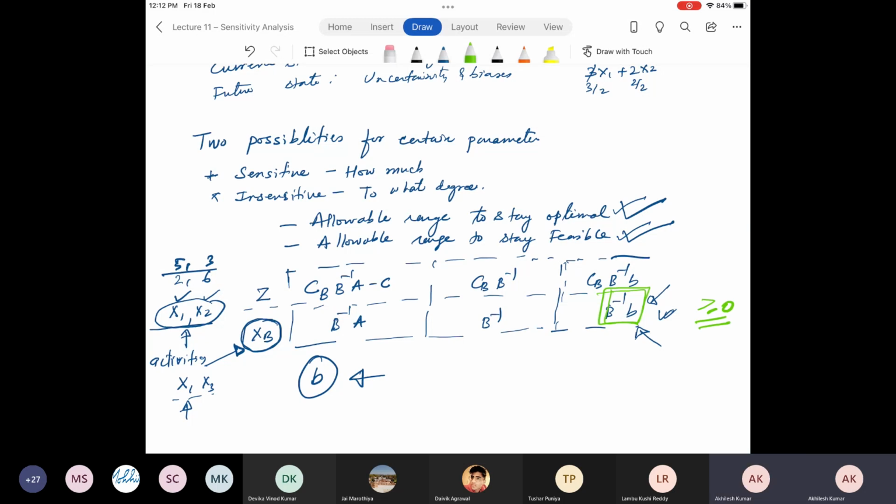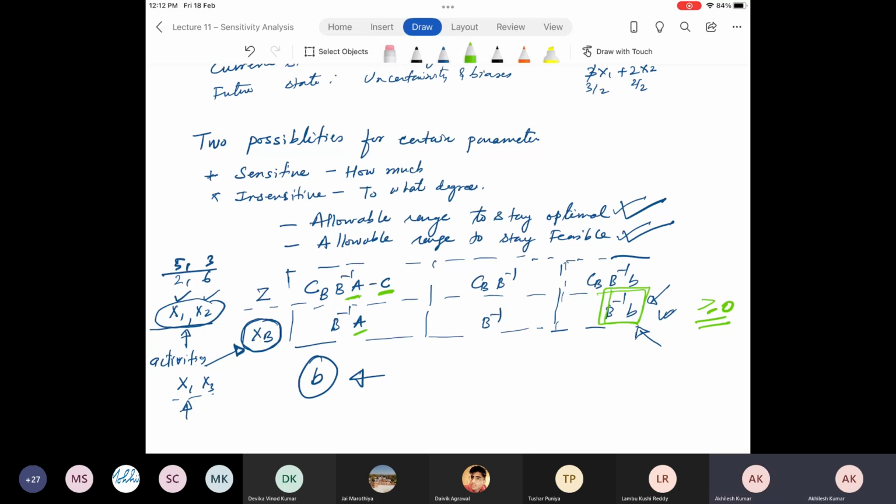Now, if I change a value of C, where does it affect? Optimality, sir. Optimality side. If I change the value of A, where does it affect? It again affects the optimality side. See, A is here.